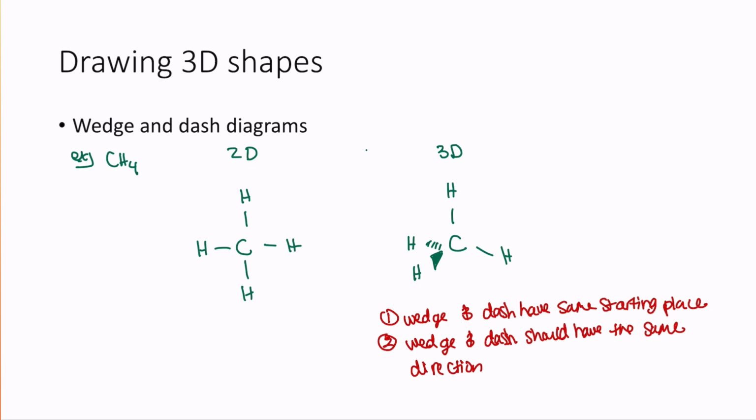That is not what we want it to look like. So this hydrogen is going down with my wedge, and I want my other one to be going down as well. So I'm going to start at the same place and make my wedge go down. So this would be the 3D structure for methane.